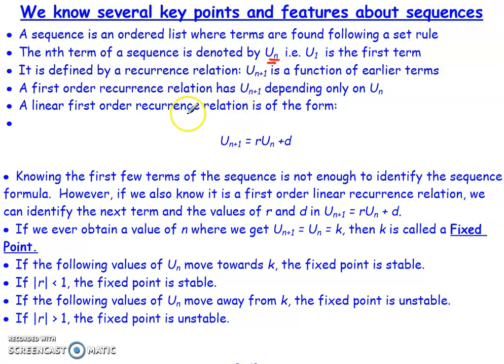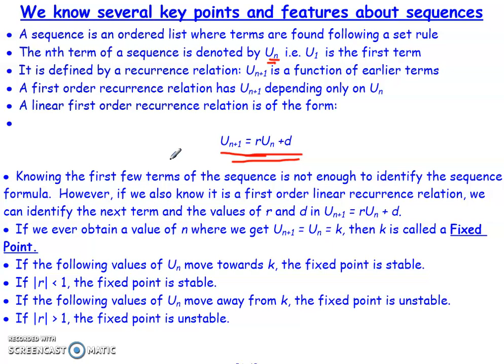And first order recurrence relations take this format here: un+1 equals r un plus d. So something happening to the previous term plus or minus something else. So it's scaling it up or down, and then we do something to the answer after that. Now one key thing to note is that if we know the first few terms of a sequence, we don't have enough information to identify the formula for the sequence.